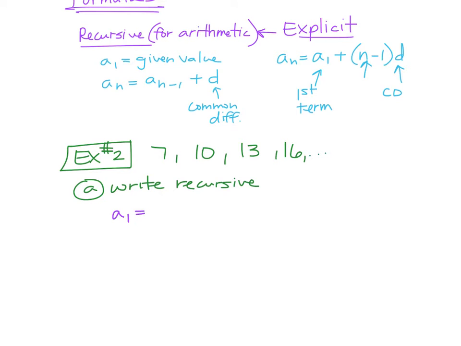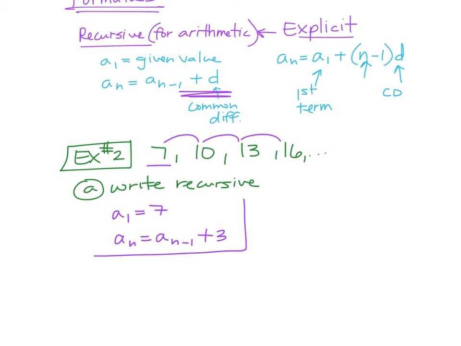So the recursive formula would say a sub 1 equals 7. First term is 7. Okay? The second part says a sub n equals a sub n minus 1 every time. And then what goes behind that? Plus 3, the common difference, right? This is plus 3, plus 3, plus 3. So we're going to put a plus 3 here. So when they ask you for the recursive, that's what you give.